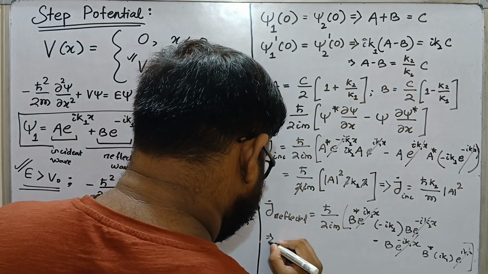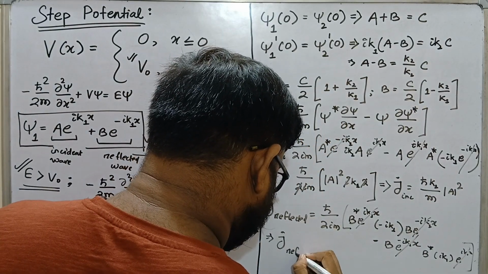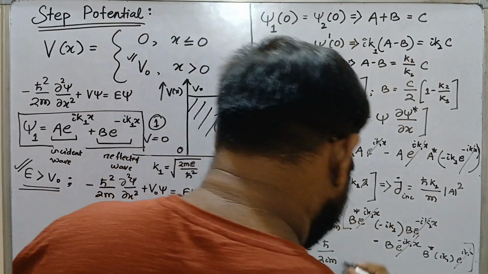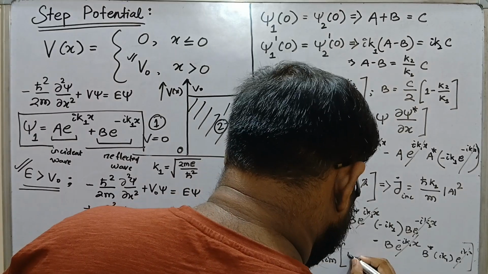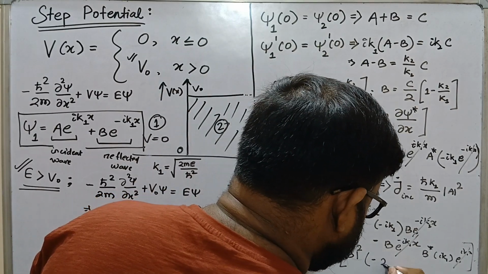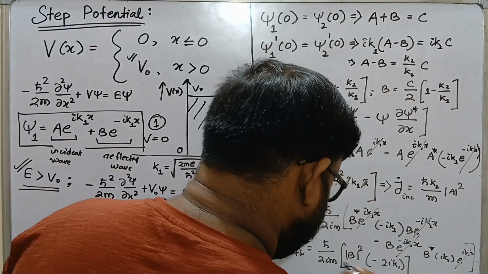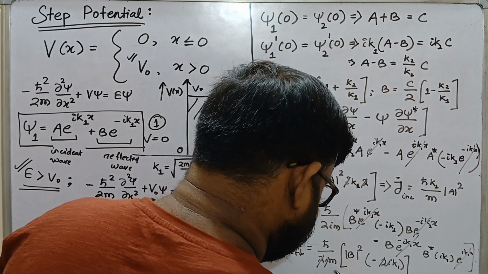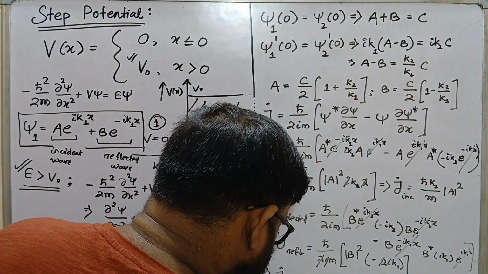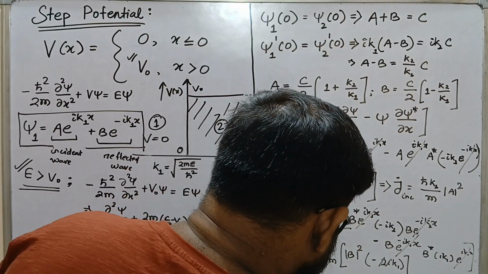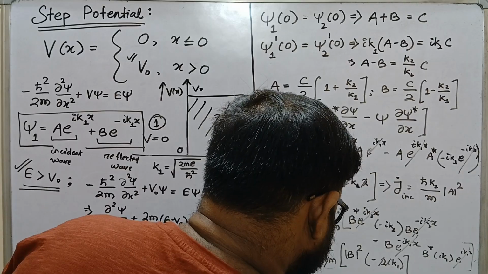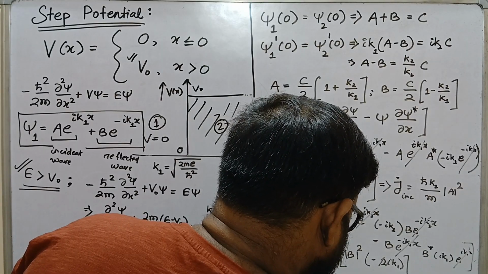What is remaining? h bar by 2im into b square whole into minus 2ik1. So 2 cancels. The probability current density of the reflected wave will be minus h bar k1 by m into b square.